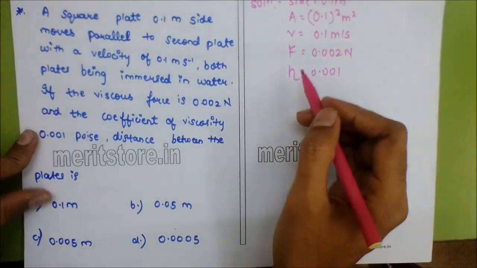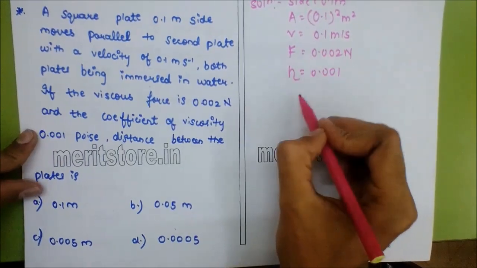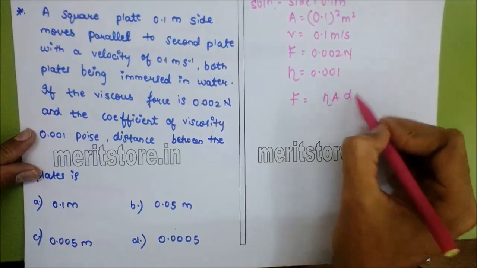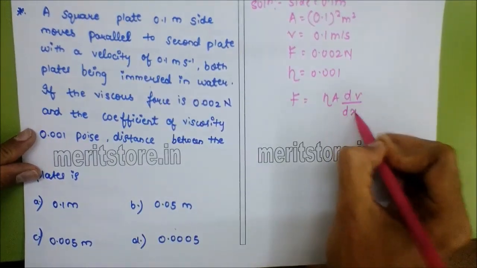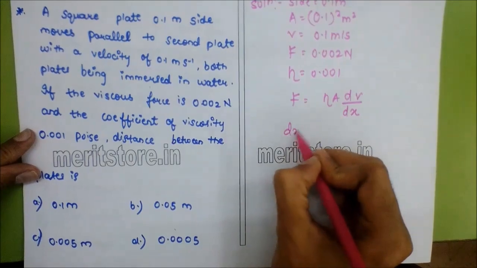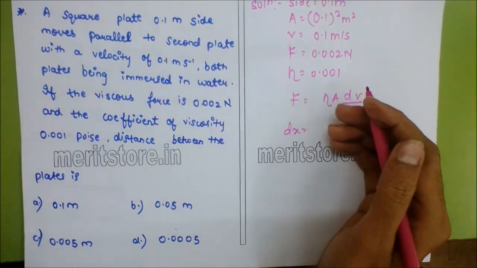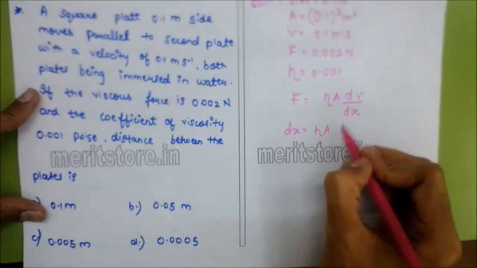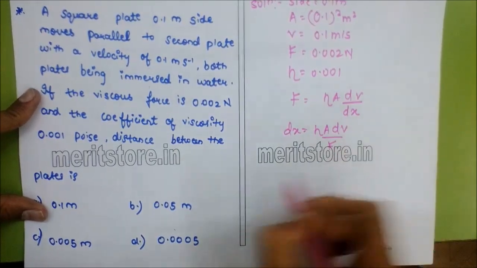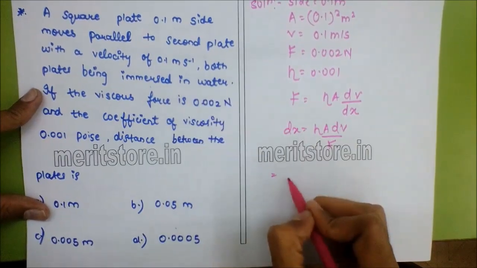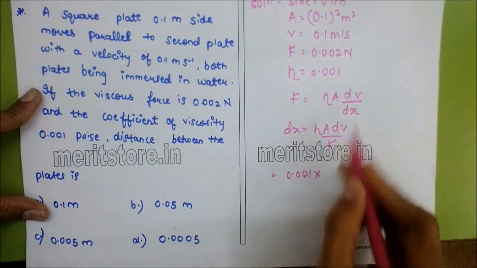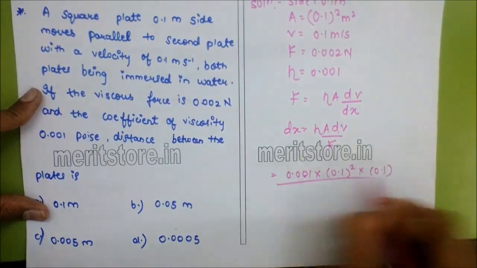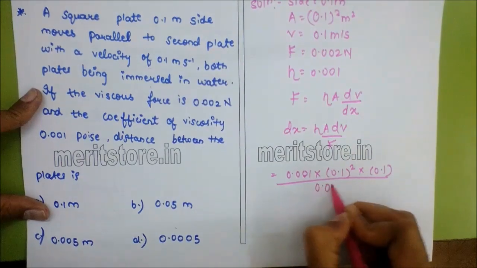So here we have the equation for the force, which is F equals eta A dv upon dx, the change in the velocity with respect to the distance. So we can get the formula dx equals eta A dv upon F. Substituting the values, eta is 0.001, area is 0.1 squared, into the velocity 0.01, upon the force applied, 0.002.